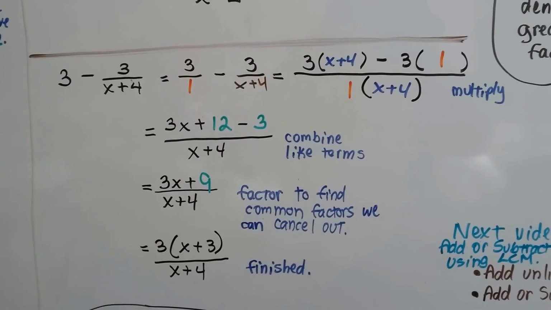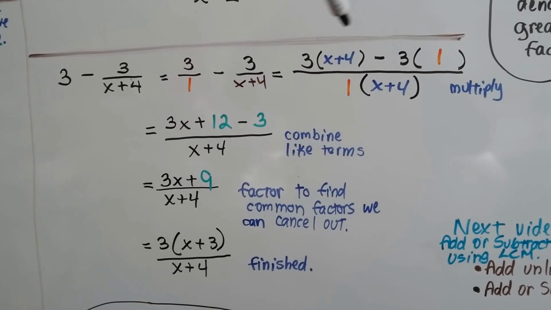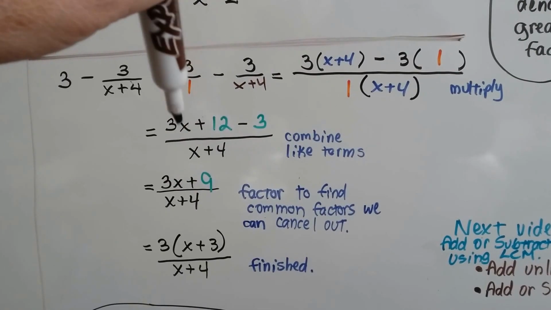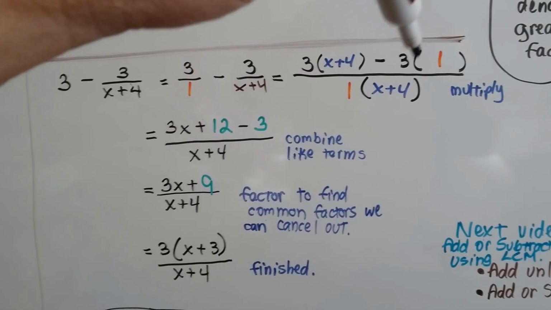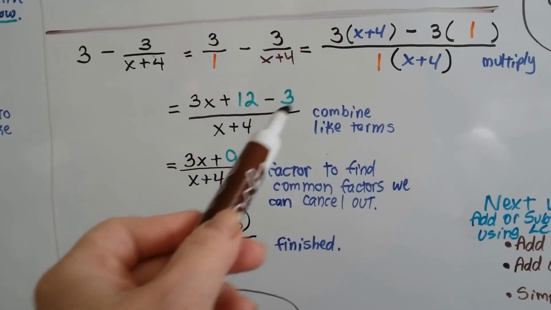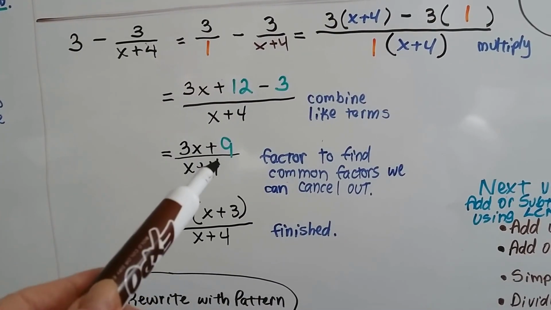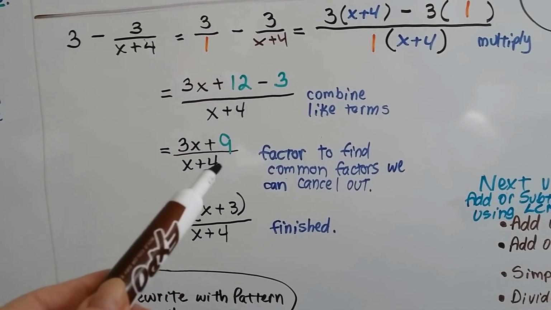Now we need to do our distributive property, don't we? So we got 3x plus 12, right here, see? Minus 3 times 1 is 3, and the 12 and the 3 can be combined because they're like terms, aren't they? So we have 3x plus 9, because 12 take away 3 is 9.